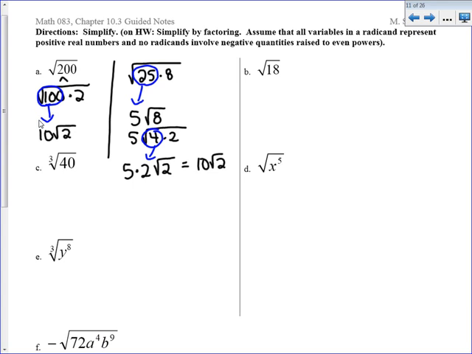So I can rewrite the square root of 18 as the square root of 9 times 2. And then what half of that can I get out of the square root by simplifying it? The 9. So when I simplify the square root of 9, it comes out front as what number? 3. And then left behind, square root of 2.